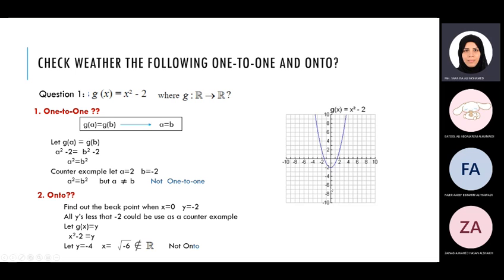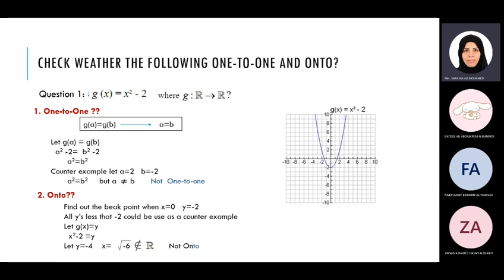All the values below minus 2 have no images. Sorry, these are not images for any x. So in this case, any one of these is a good counterexample to say it is not onto.